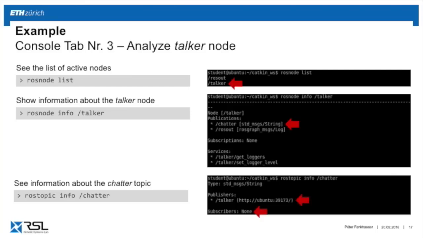By typing in rosnode list, you should see the node which you just started in console number 2. So if you do rosnode list in the console, you should see that you have here your talker node that you just started.